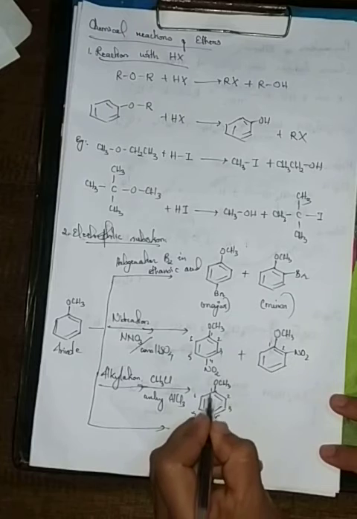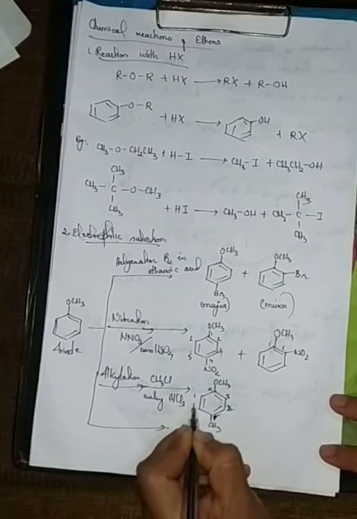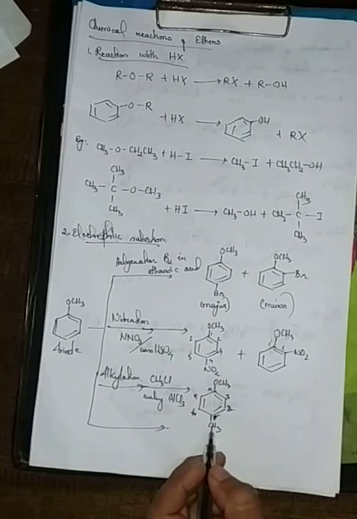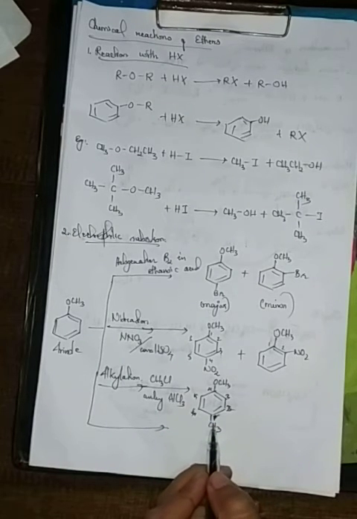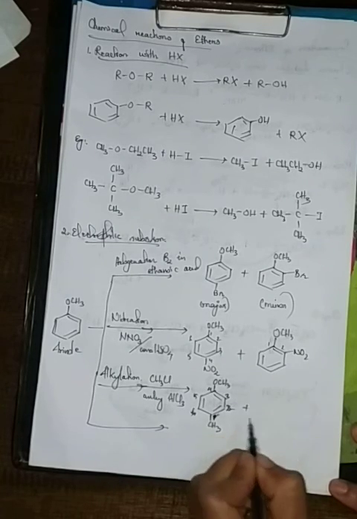Sorry, here the numbering will be 1, 2, 3, 4, 5, 6. Now here the methyl group gets the first number, therefore here will be our 4-methoxytoluene.